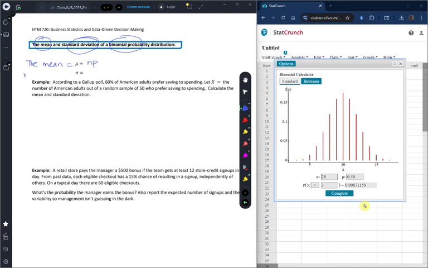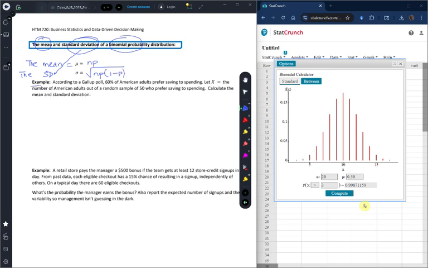And the standard deviation, short for SD, is the square root of np times 1 minus p.